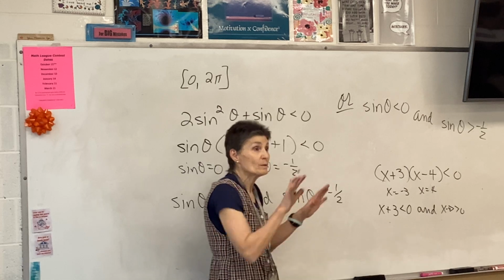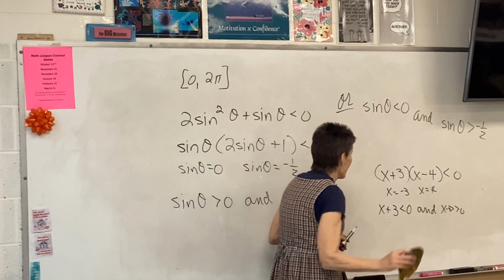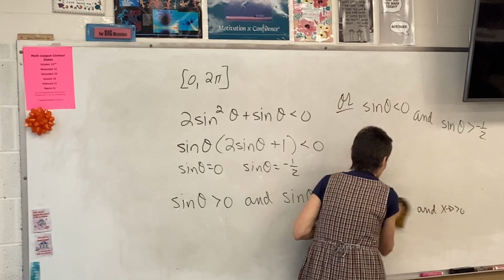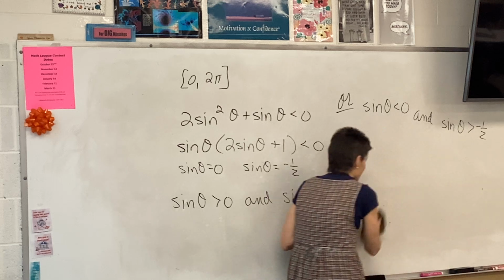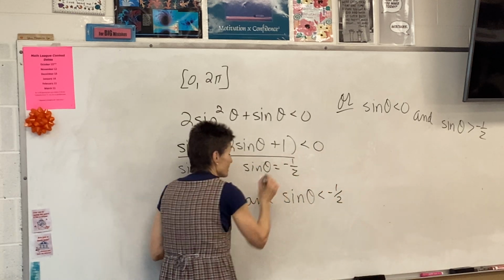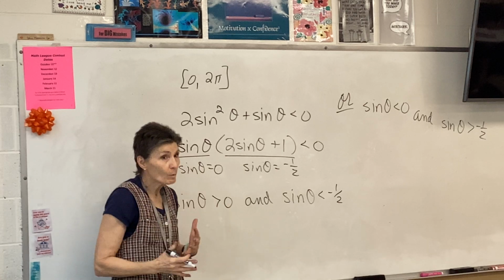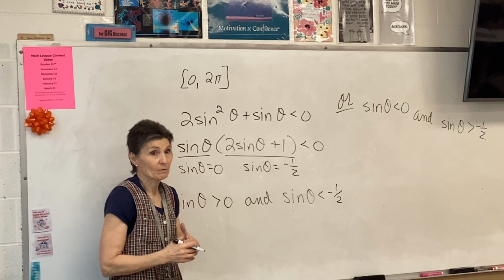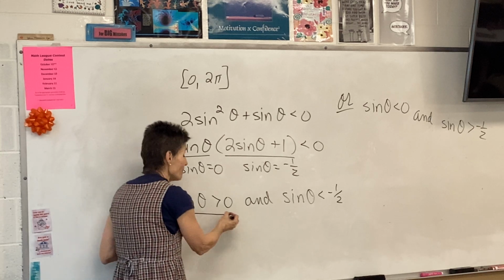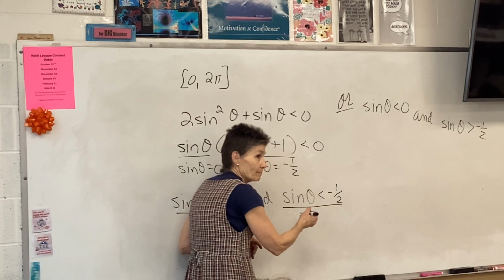Okay, why don't we just go ahead and solve it and see what happens, okay? So right now, we are considering where the product of these two things is going to be negative. And I hope we've figured out that if the product is negative, then one of them is positive and the other one's negative.